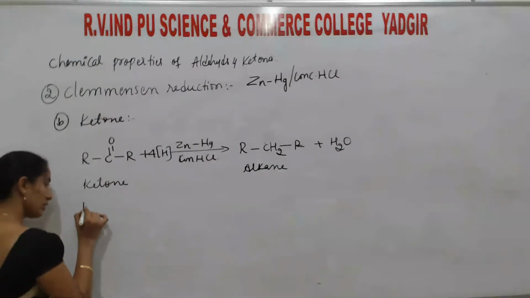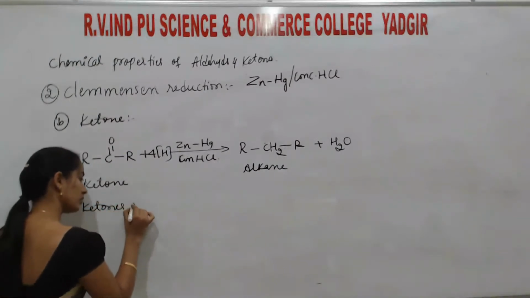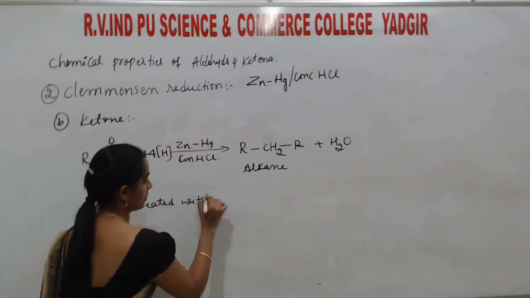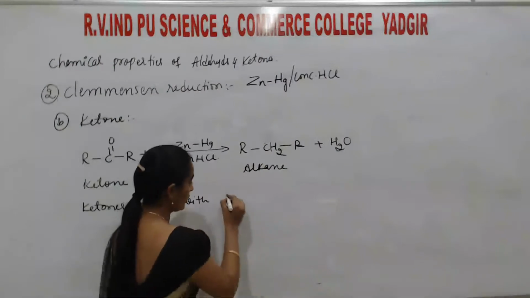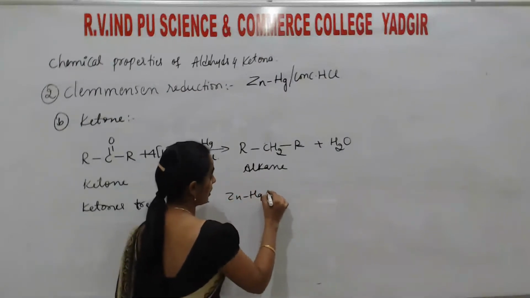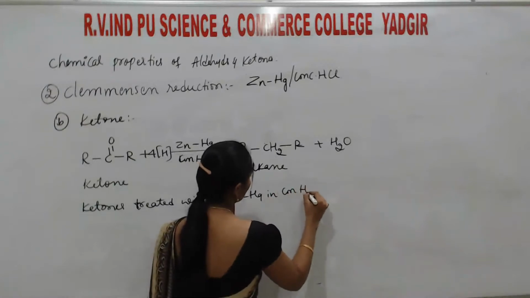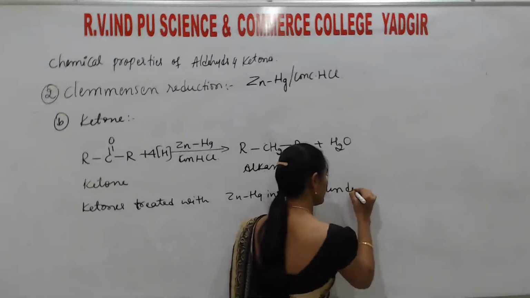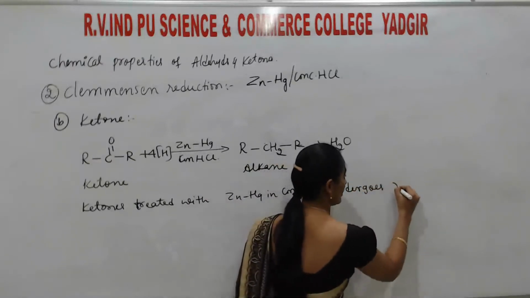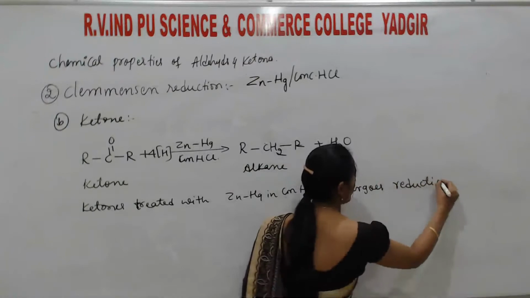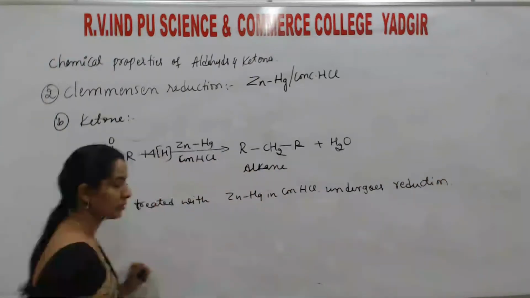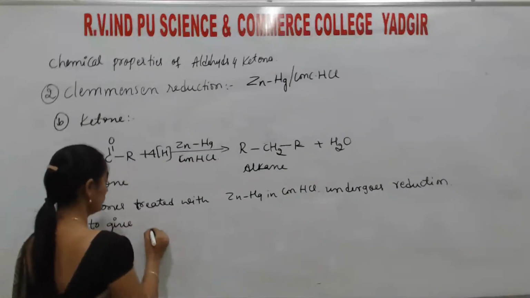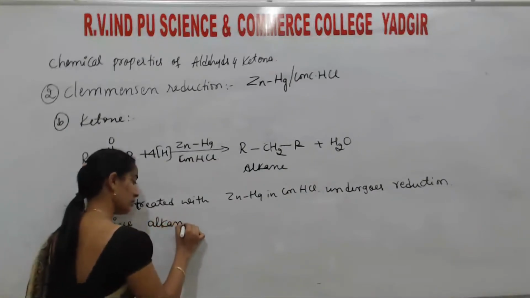So how to write it: ketones treated with Clemmensen reagent. What is the Clemmensen reagent? Zinc amalgam in concentrated HCl. Undergoes reduction, or in place of reduction you may take hydrogenation, to give alkane.